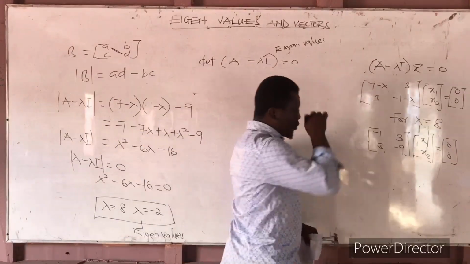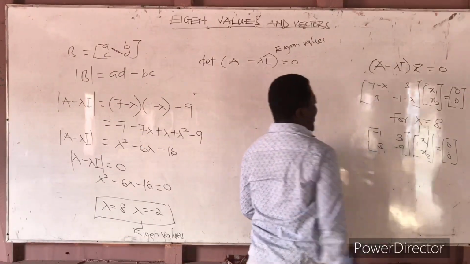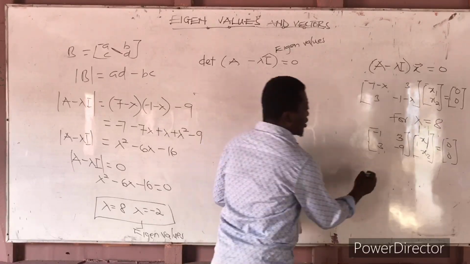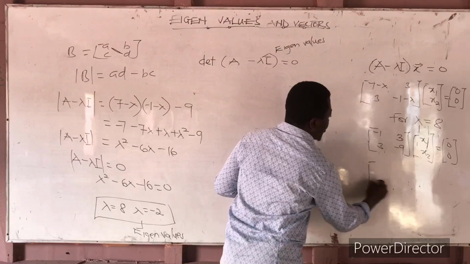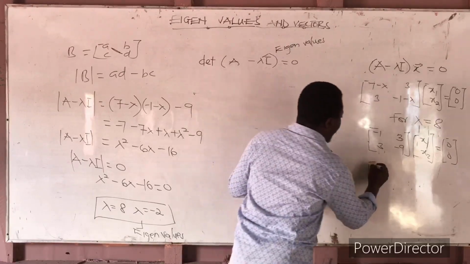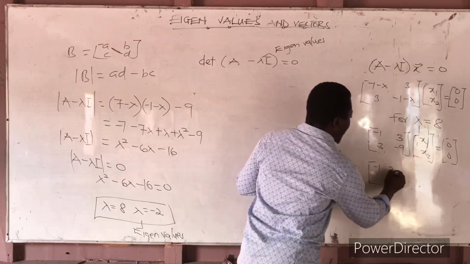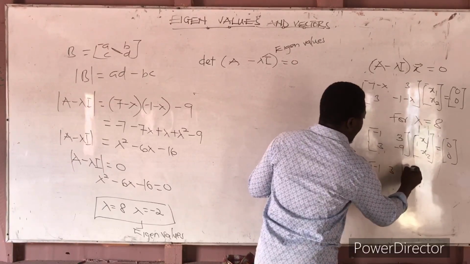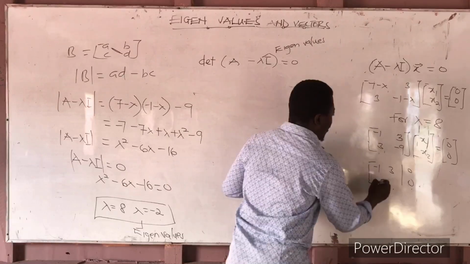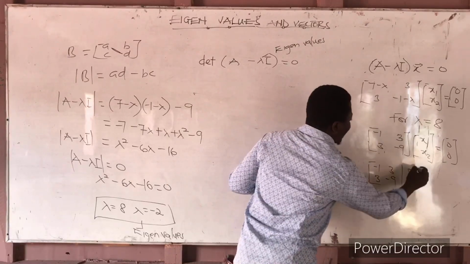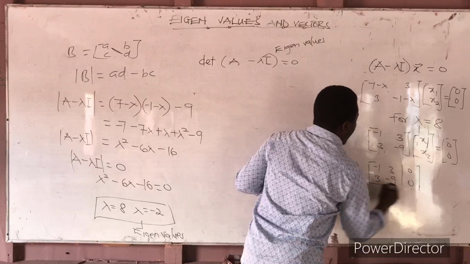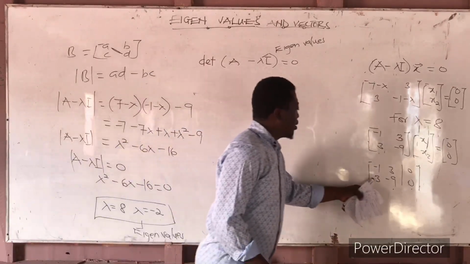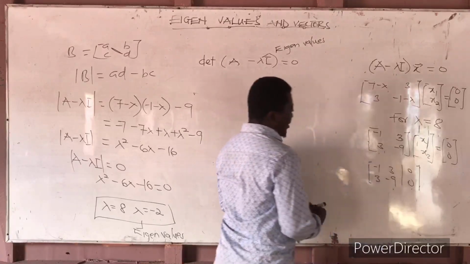When you get to this point, in order to get x1 and x2, you have to do row echelon for this one. So you have minus 1, 3, and you augment the matrix, so you get 3, minus 9. How do you take care of the bottom one?